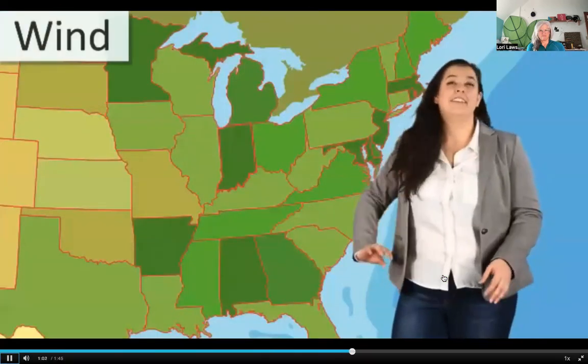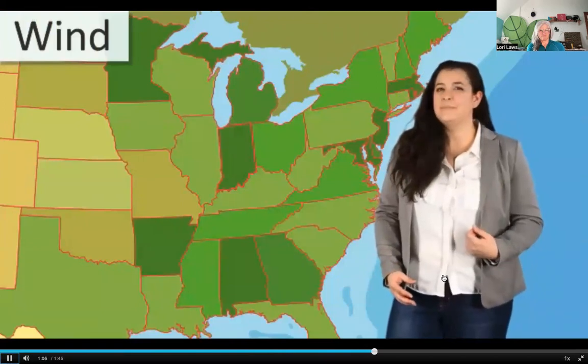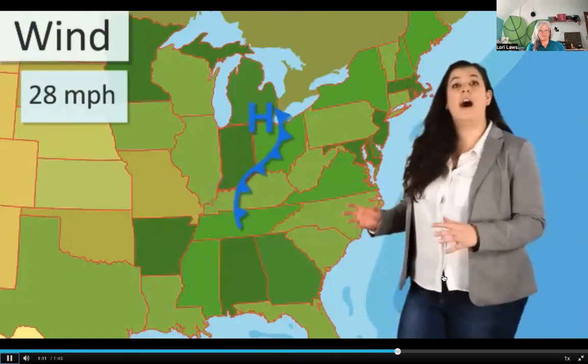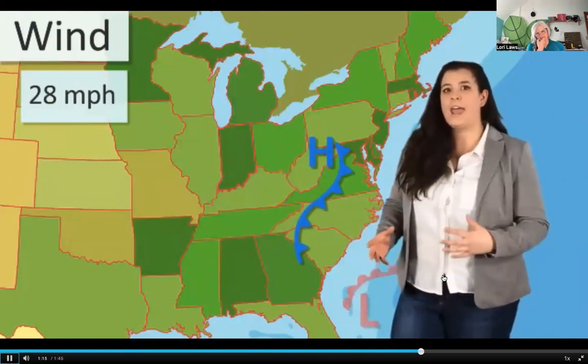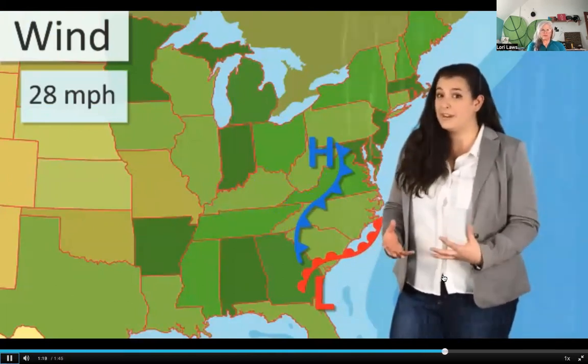And let's not forget the wind. The movement of air creates wind. Right now, the wind speed is around 28 miles per hour. The high pressure air is cooler and drier than the surrounding air. And when it meets the low pressure system, we can get some stormy weather.